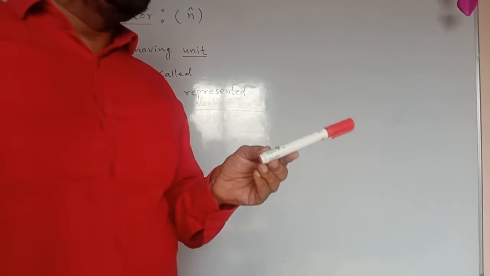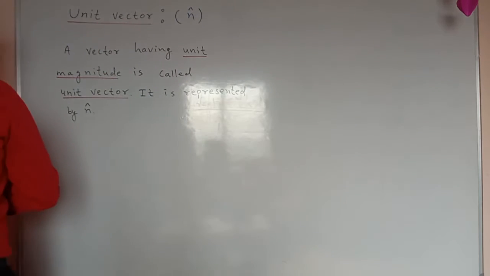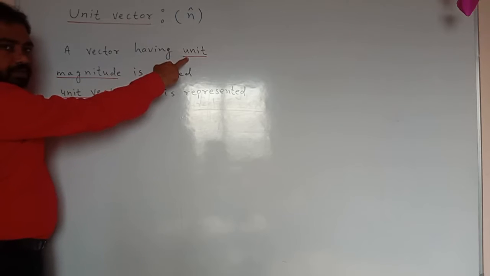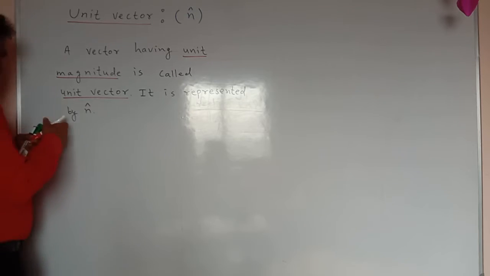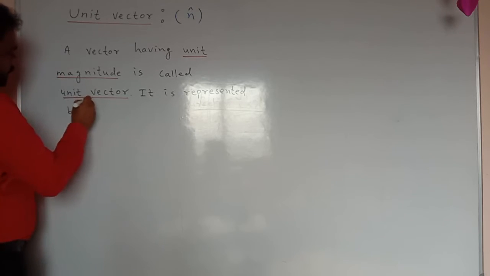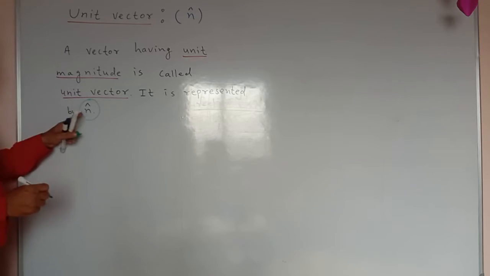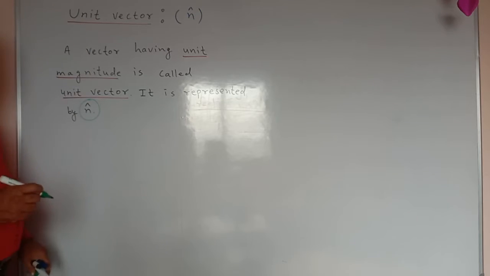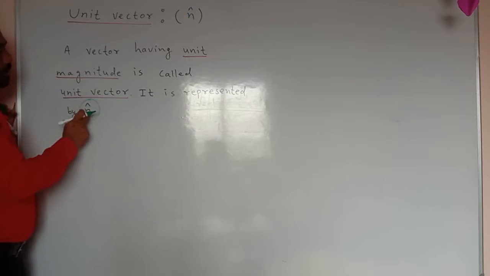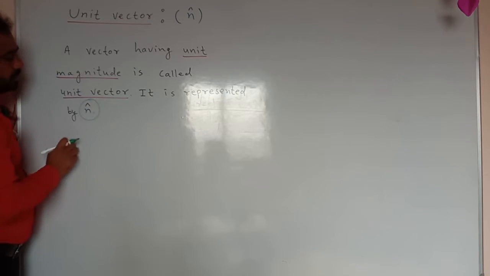It means that the magnitude of the vector should be unit, that is 1. Such a vector is called a unit vector, and it is represented by n cap. N stands for unit vector, and this cap is the representation of a unit vector. So n cap is the unit vector.